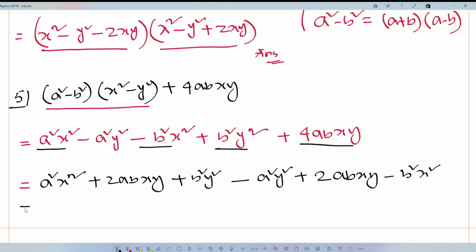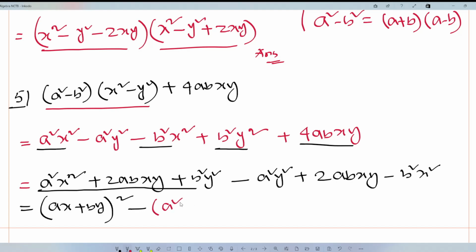Okay, now this one we can write ax plus by whole square, right? We can take common, here is minus, so a square y square, this one becomes minus 2abxy, and this minus becomes plus b square x square.